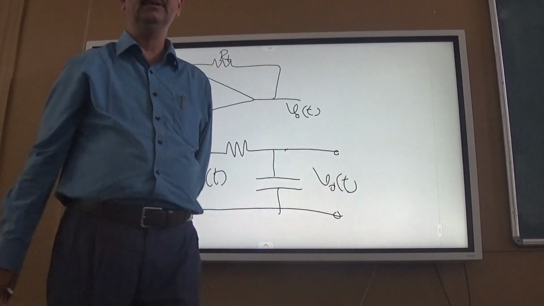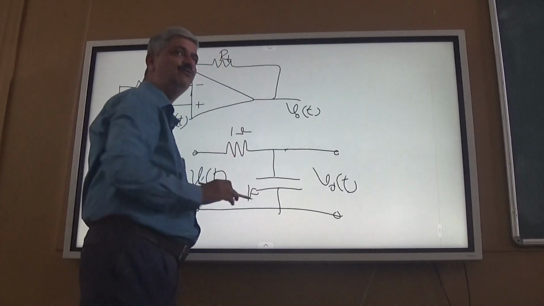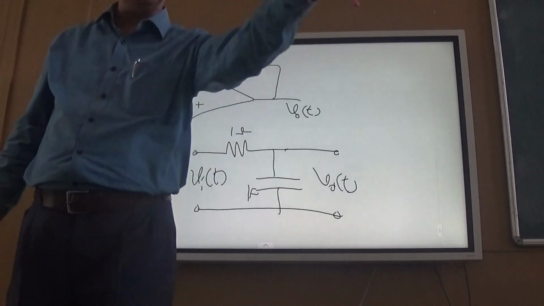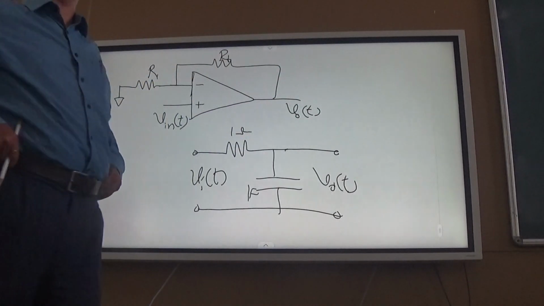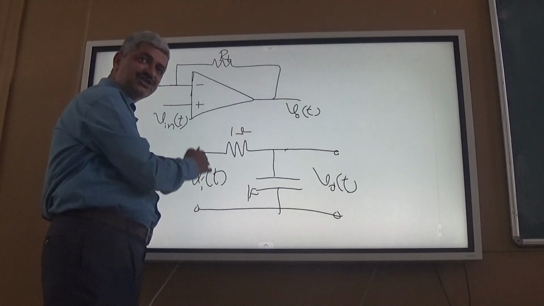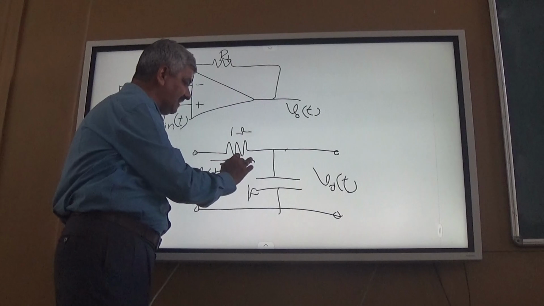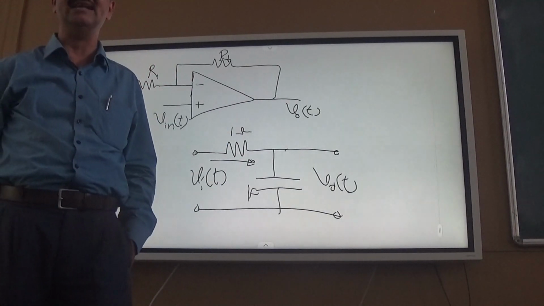Listen very carefully now. This is 1 farad, this is 1 ohm, and we found a differential equation for some input-output relationship. In that, we took Kirchhoff's law across this mesh, and we said that I_R(t) is equal to I_C(t) because it's a series circuit. So what is the assumption?